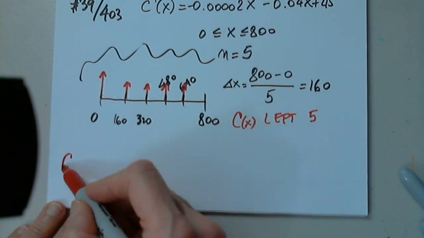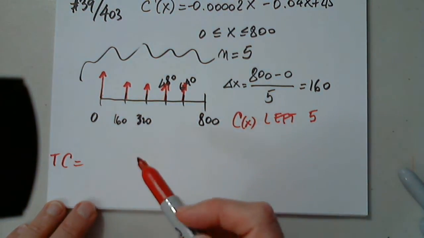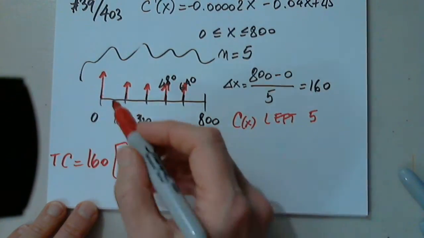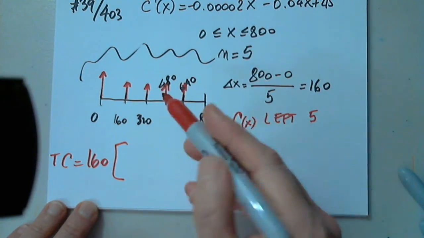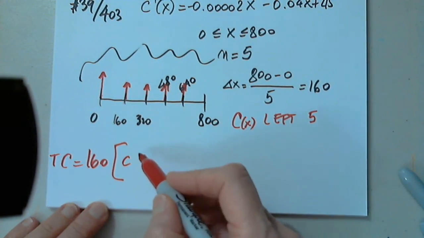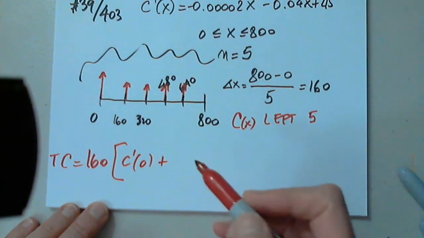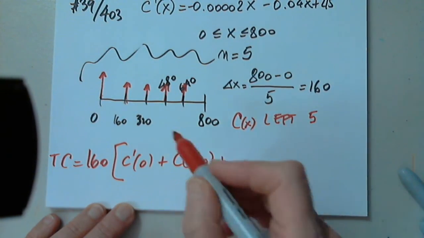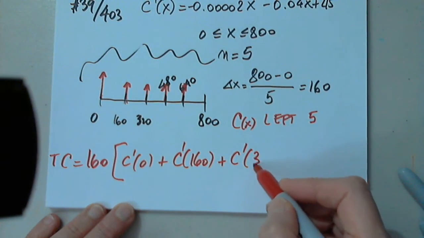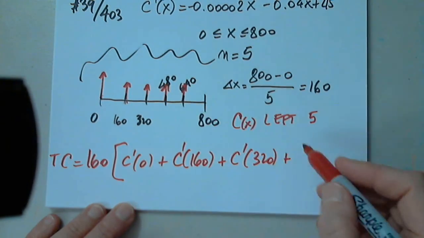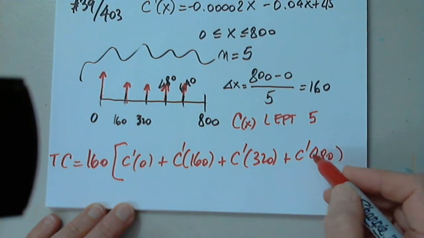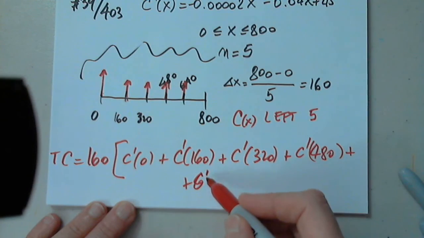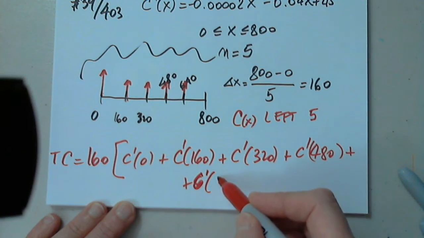So the total cost will be base times height: 160 times f of 0, okay, C prime of 0 plus C prime of 160 plus C prime of 320 plus C prime of 480 plus C prime of 640.